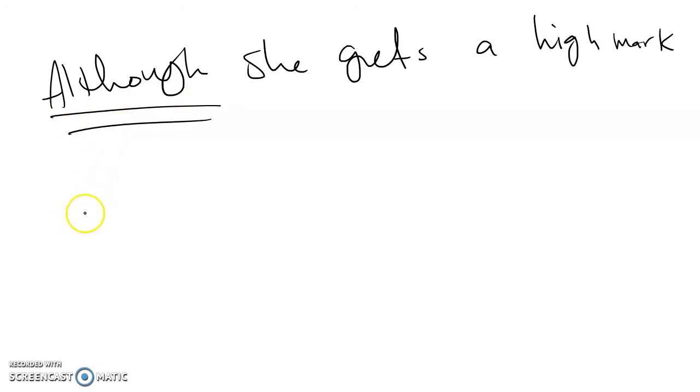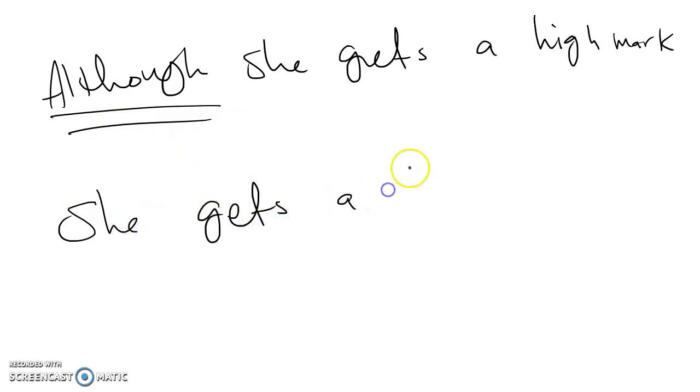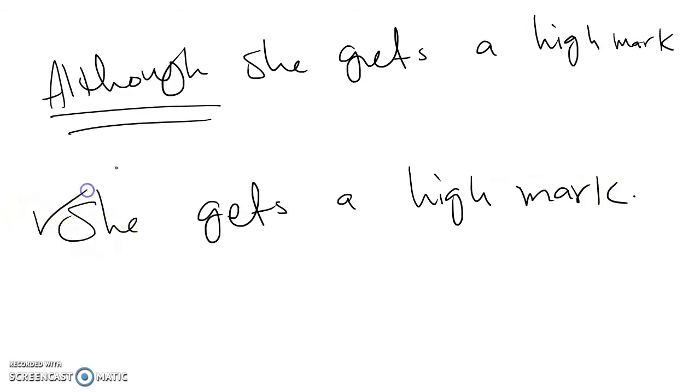Whereas if I use the same clause and I say she gets a high mark, and I stop here, I can understand something, and this sentence is considered as being a right or a correct sentence.